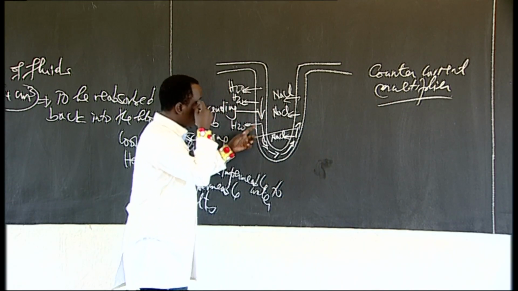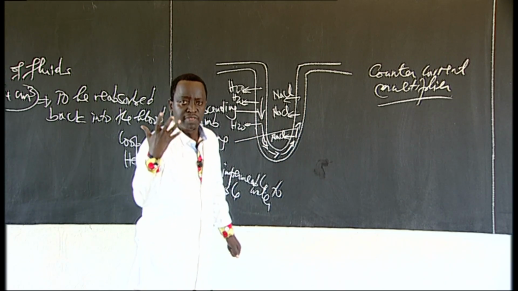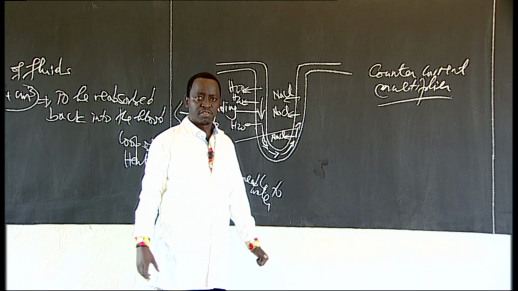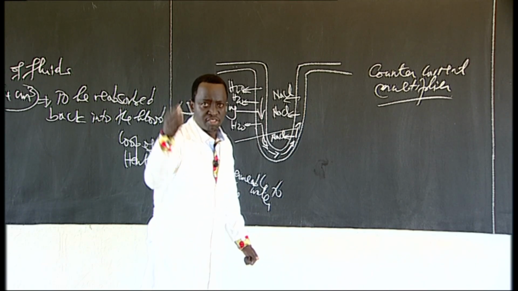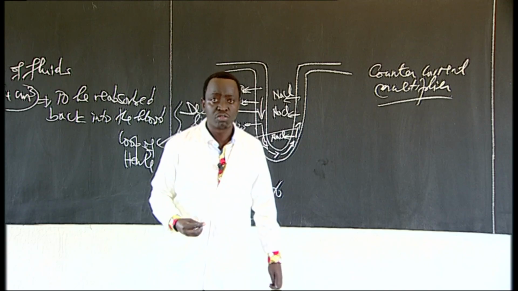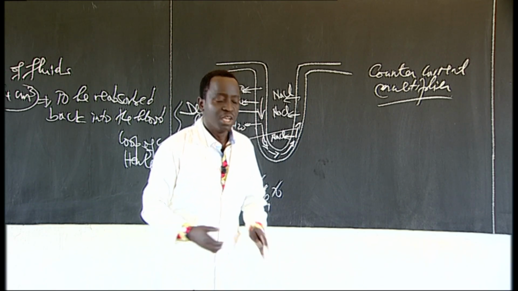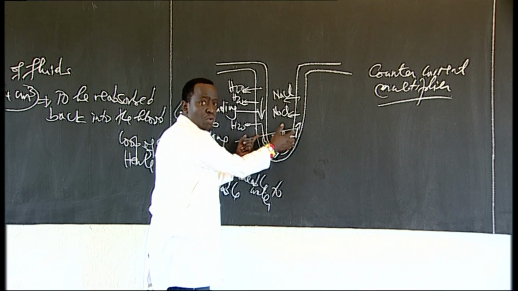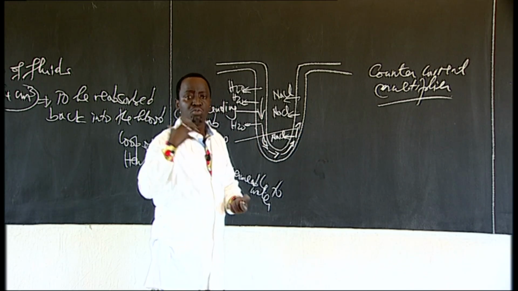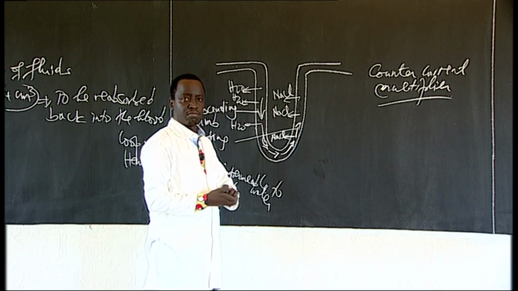Because it maintains the osmolarity. It maintains the concentration of what? Of the urine. Which urine is going to be released out? How is it going to look like? Are you getting this? So now, at this site of the loop of Henry is where the regulation of water and salt is going to take place.